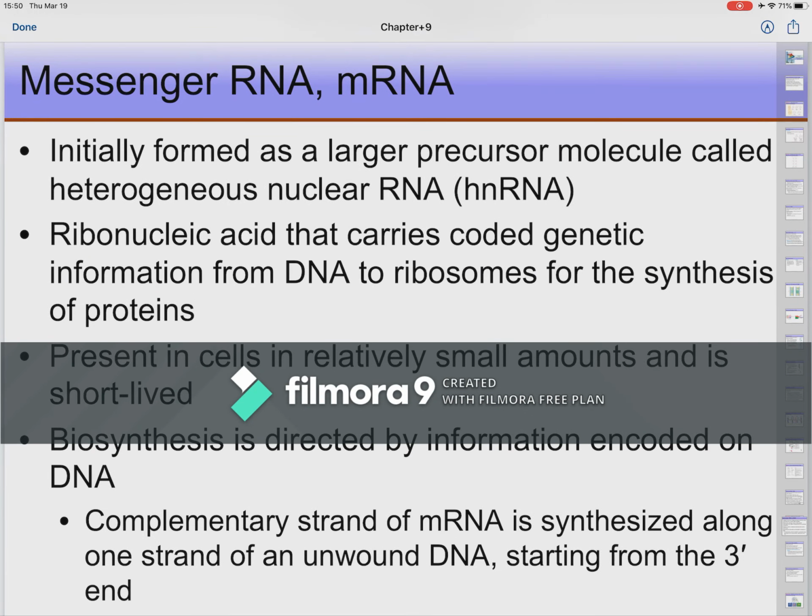Now the messenger RNA is what the ribosome goes and binds to, and we're going to explore most of these in detail later. The messenger RNA is formed as a precursor to the protein. It's formed directly from the DNA. It's written in RNA. It's very short-lived.